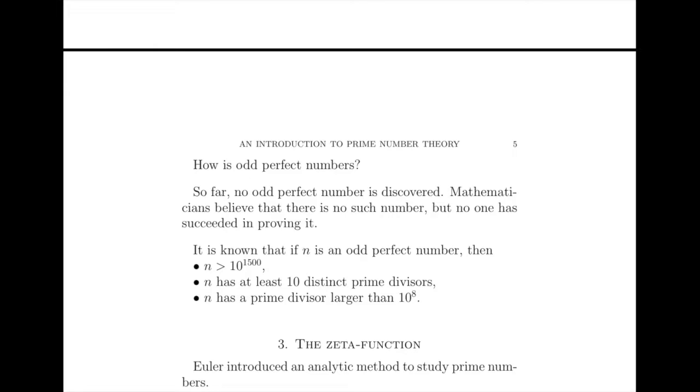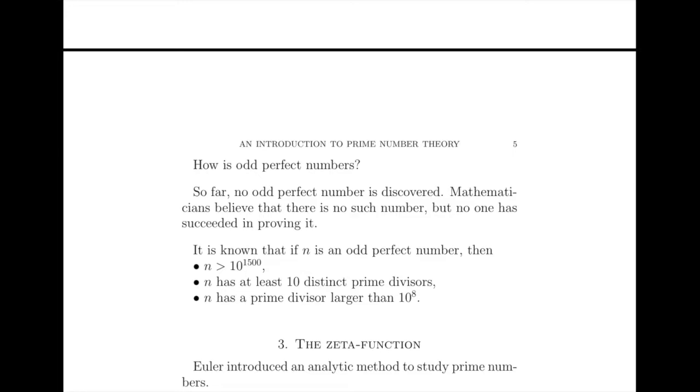And mathematicians believe that there are no odd perfect numbers, but no one has succeeded in proving it. So here you can find one open, unsolved problem in number theory. This problem was raised in ancient Greek days, but still no one can prove it.